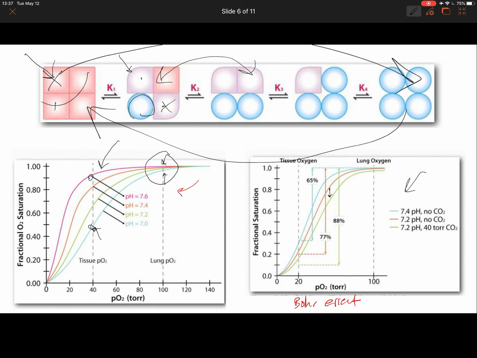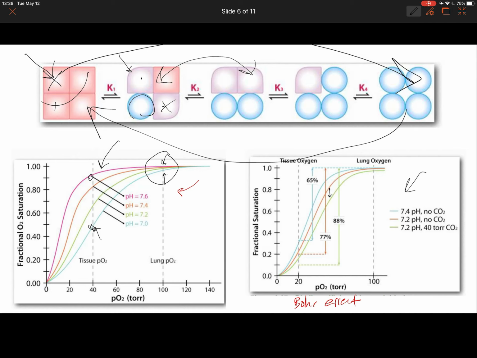Now, I'm trying to remember which part of the molecule here actually facilitates this. I know it's the amino acid side chains in the globin that actually help facilitate these structural changes. Most commonly, the amino acids are affected by protons. Histidine is one of those. Histidine number 146 in the beta strand is affected by protons, and when this happens, the ionized histidine can form an ionic bond with the side chain of aspartic acid number 94, which has the effect of stabilizing the T state, which is the reduced binding state.